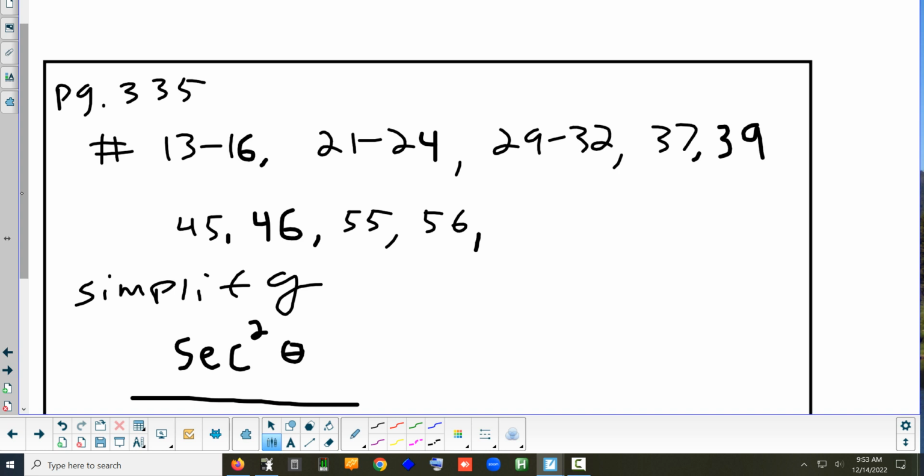Okay, so for homework, I just need to adjust that a little bit. 13 through 16, that should be okay.